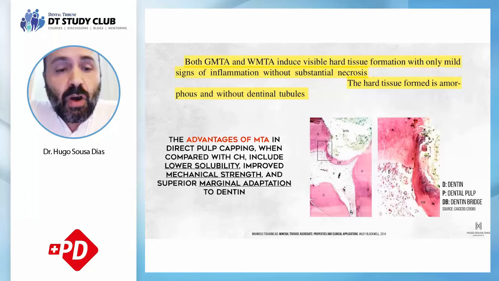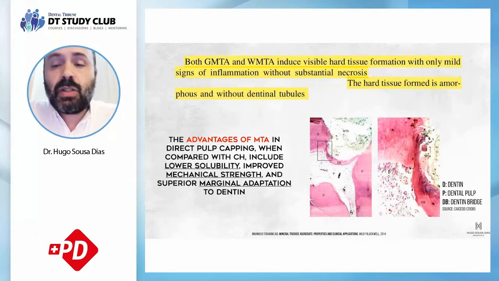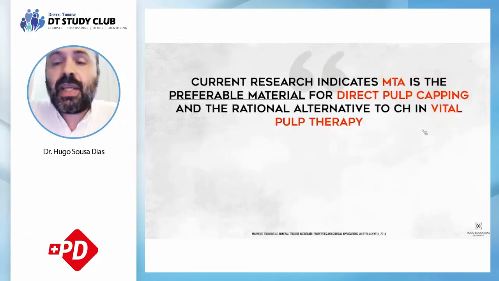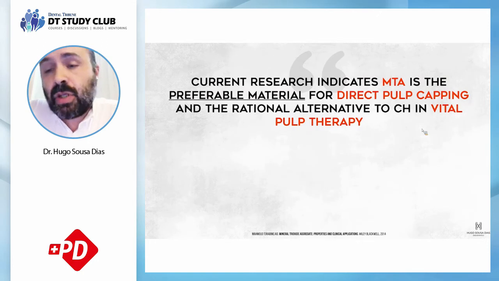The advantages of MTA in direct pulp capping when compared with calcium hydroxide include lower solubility, improved mechanical strength, and superior marginal adaptation to dentin. Current research indicates that MTA is the preferable material for direct pulp capping and the rational alternative to calcium hydroxide in vital pulp therapy.